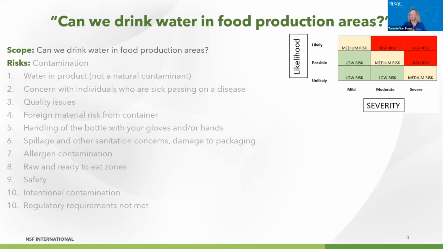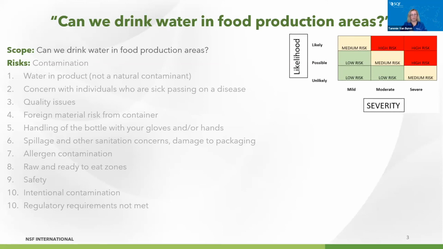Also a concern with individuals who are sick passing on a disease. Someone's drinking right there at the production line, maybe not aware that they have norovirus or something like that. There is the potential for that water to be contaminated by the individual who's drinking it, and it could be passed along into the food product.